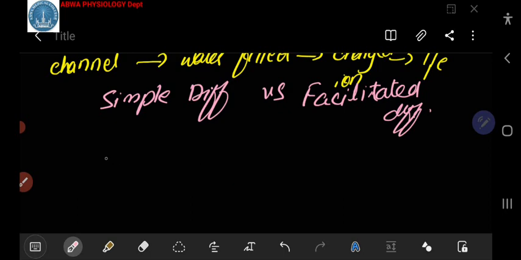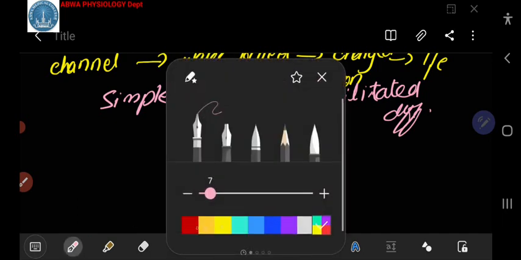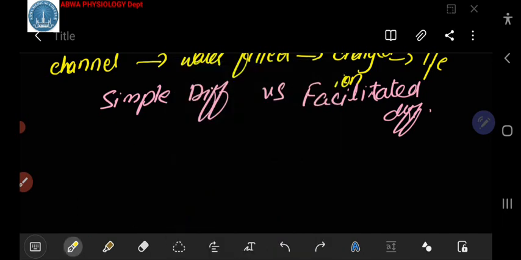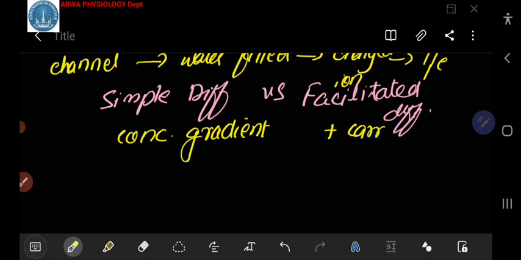So simple diffusion is concentration gradient dependent. Facilitated diffusion is also concentration gradient dependent, but through carrier proteins.